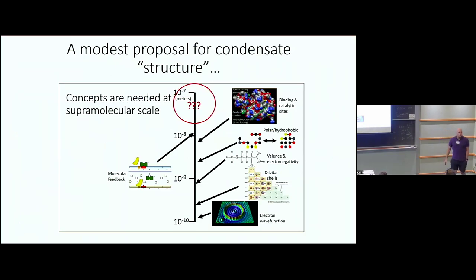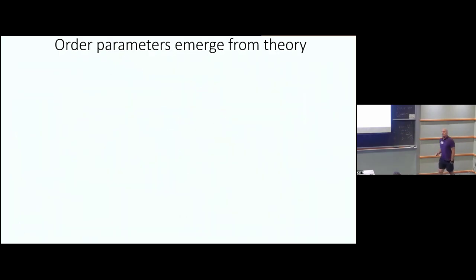So what I want to do here is now return to this question that I laid out at the beginning. What does structure-function look like on the scale of condensates? Now, in order to address this question, I've been borrowing a lot from traditional hard condensed matter, and this is a place where I think the theoretical community has a lot to offer. So what did they do in hard condensed matter?